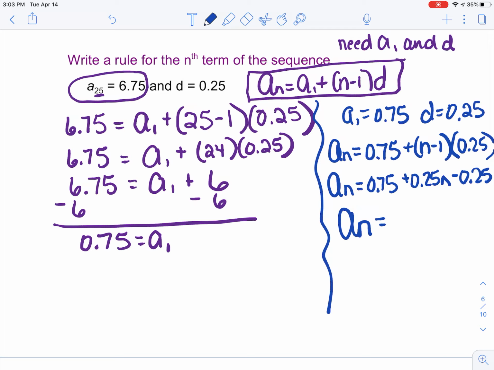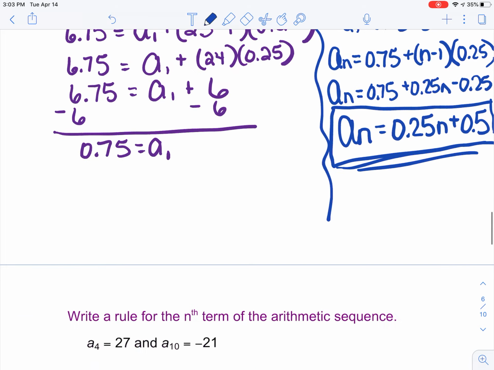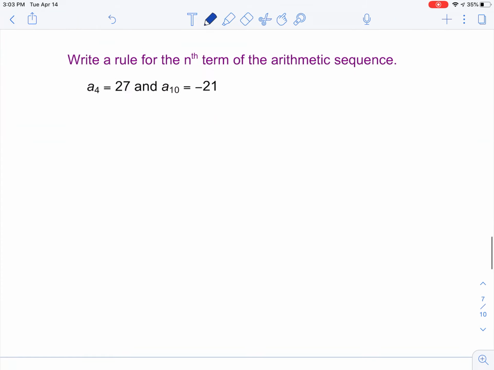So a sub n turns out to be, I always put my variables first, 0.25n plus 0.5. And that is our answer right there. That's the rule. So when you're finding the rule, you need your first term and your D, so you have to do something to find those.